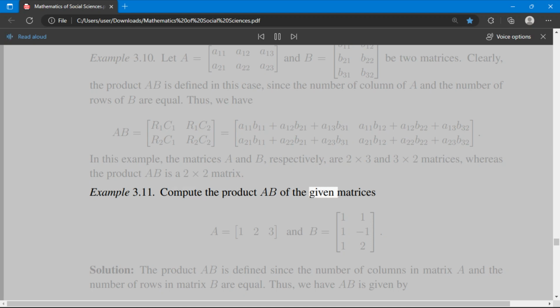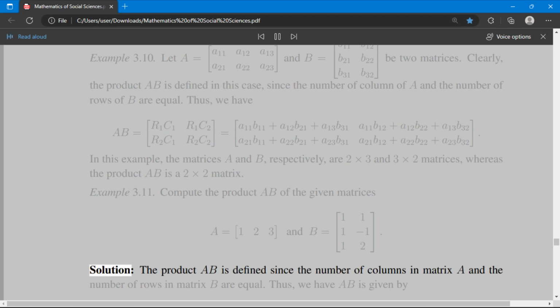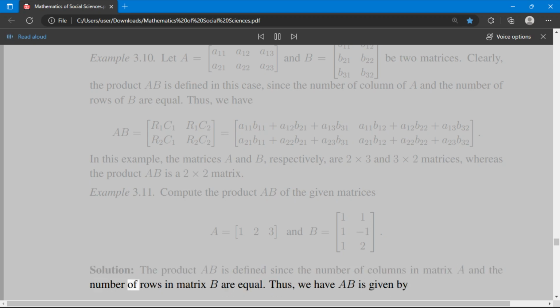Example 3.11. Compute the product of the given matrices. A = [1, 2, 3] and B = [1; 1; 1; 1; 1; 2]. Solution. The product AB is defined since the number of columns in matrix A and the number of rows in matrix B are equal.